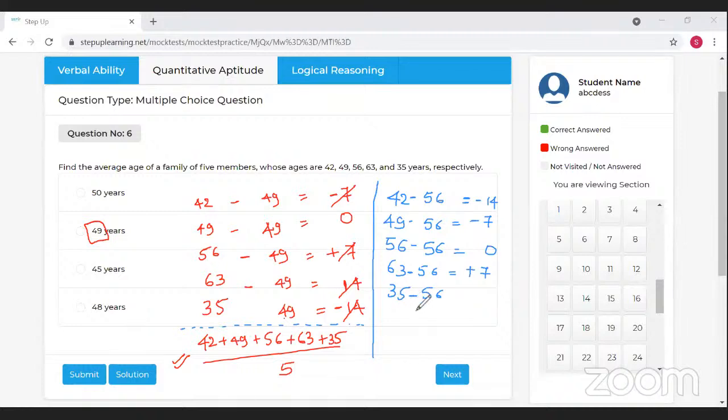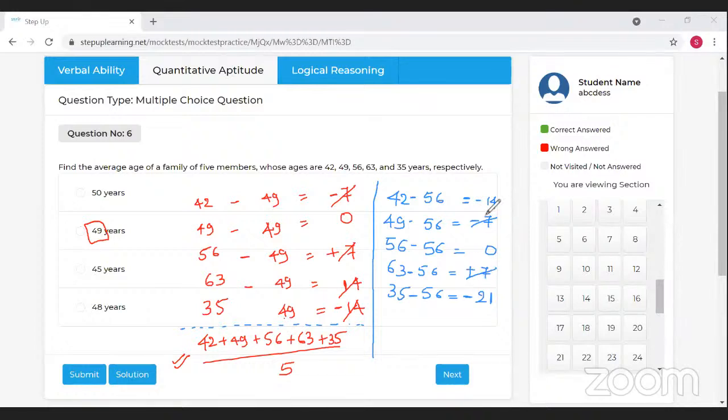And 35 minus 56 is minus 21. Agree? So now again, plus 7 and minus 7 will get cancelled.